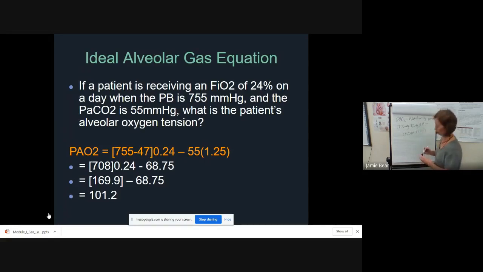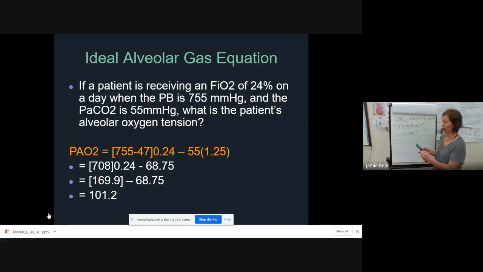1.25. So now just looking at order of operations, we need to multiply this first, and we need to multiply this also as a unit, and then multiply the FiO2 times this, and then subtract this. That's your PEMDAS. So 755 minus 47, we've already put here, is 708.